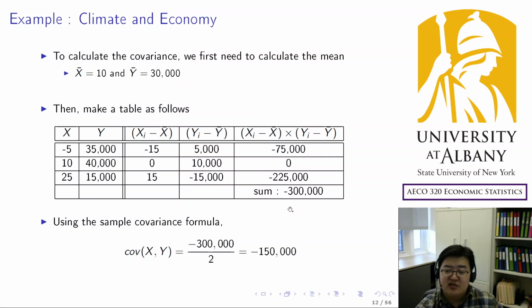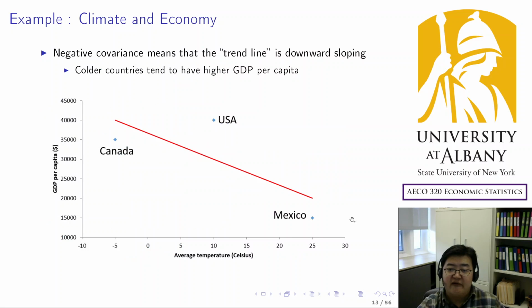So what you can tell from here is, in the end, the covariance is negative. So the direction of the relationship is negative. On the graph, you can see the trend. Canada, US, Mexico, and then you can draw a trend going down. If you explain the 3 dots with only one straight line, it must be downward sloping. That's the best fitting line, right? So it's also negative. The negative slope is implied by the covariance.